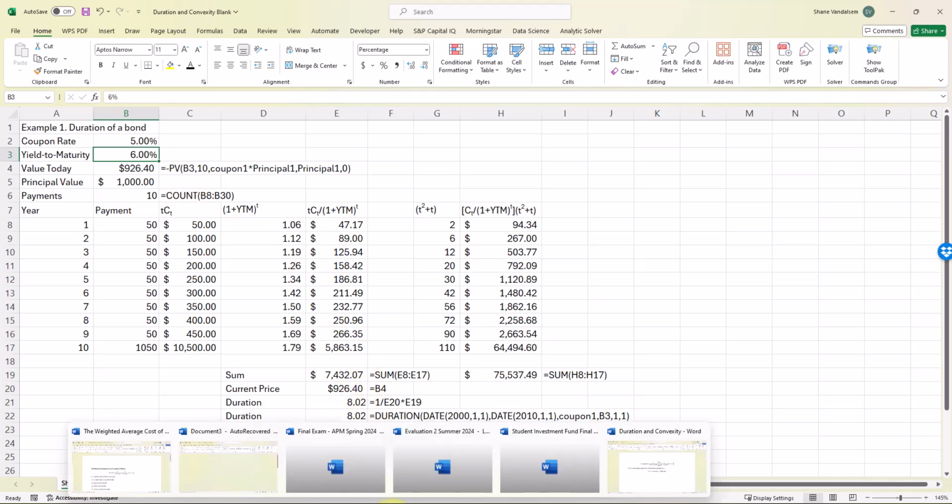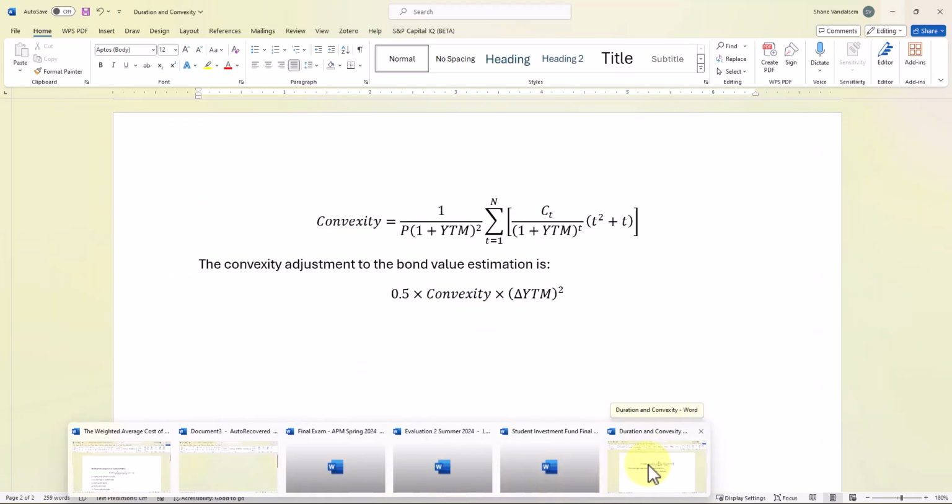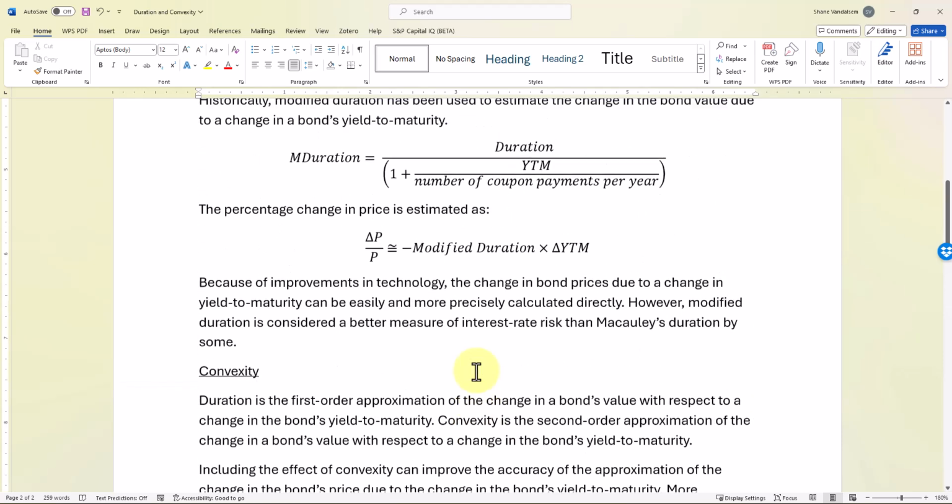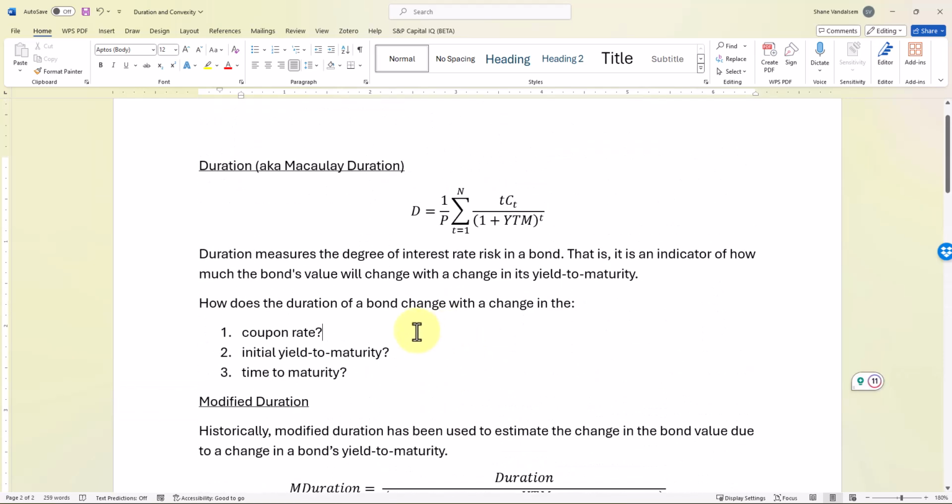Let's go out here to our notes, and I'm going to scroll back up to answer the questions I have here. So how does the duration of a bond change with a change in the coupon rate? So as the coupon rate increases, the duration of the bond goes down.